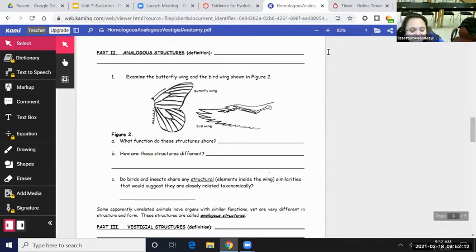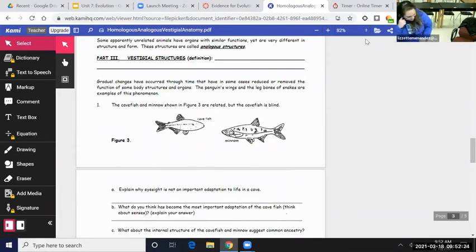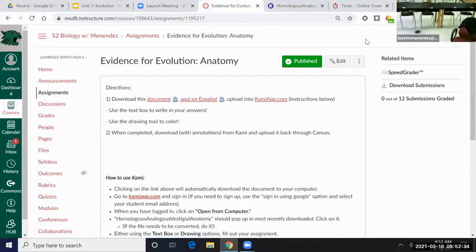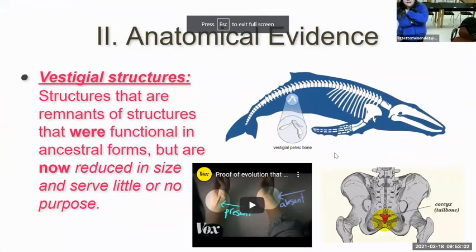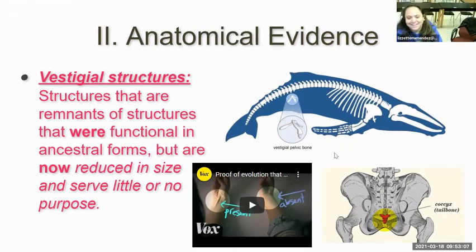Nice job. The last one is one of my favorites. It's called vestigial structures. So the definition is a tad bit longer. What the heck? But vestigial structures are one of the coolest things. I get kind of nerdy when it comes to these. Sorry.